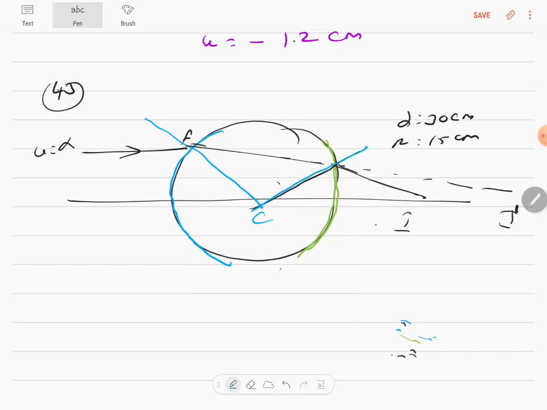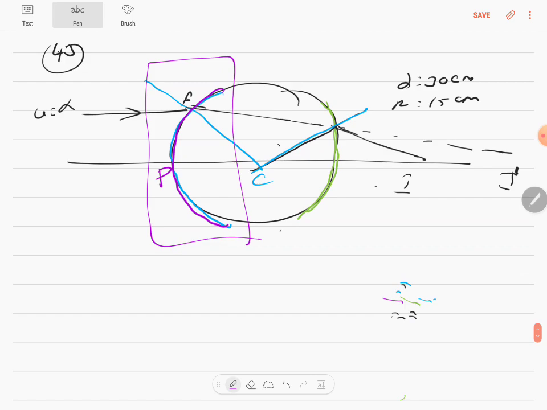So this is the diagram. First, you have to consider this. Let me do it in purple color; the purple color acts as a pole. Let's talk only about this part initially. For this part, the light ray is entering from rarer to denser, which is the first case. Rarer to denser is mu2 by v.